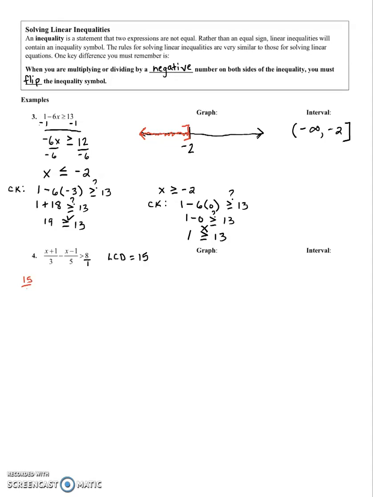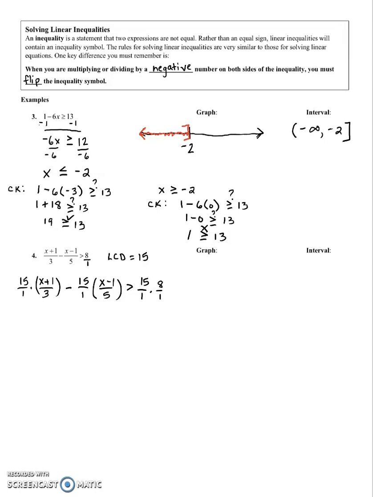Sorry, I should do that in black. So I'm going to multiply the first term by 15, and the second term by 15, and the right-hand side of the inequality by 15.